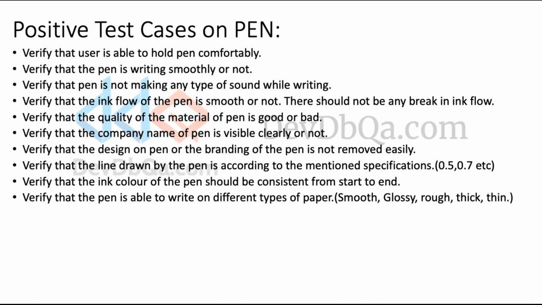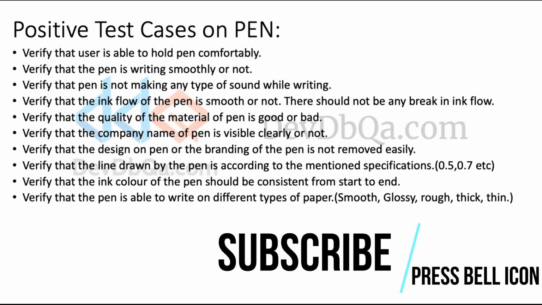Next, verify that the pen is able to write on different type of paper, such as smooth paper, glossy paper, rough paper, thick paper and thin paper. So the pen should be able to write on all the different type of papers available, that are smooth, glossy, rough, thick and thin. So we have to verify that the pen is able to write or not.